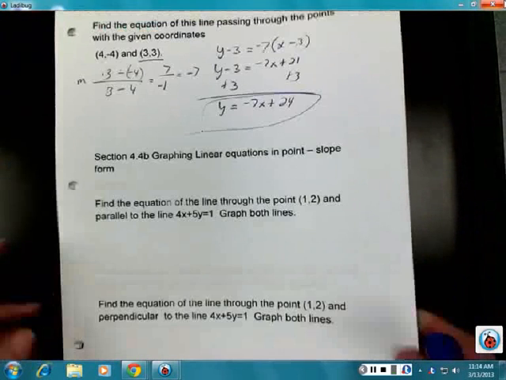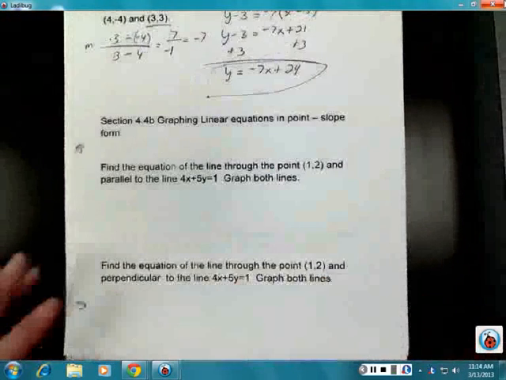So then what happens in this section is they give you a lot of verbal stuff. That's why I handed out the sheet to you, because when we start working with these, we need to pay attention to what they're asking us to do.